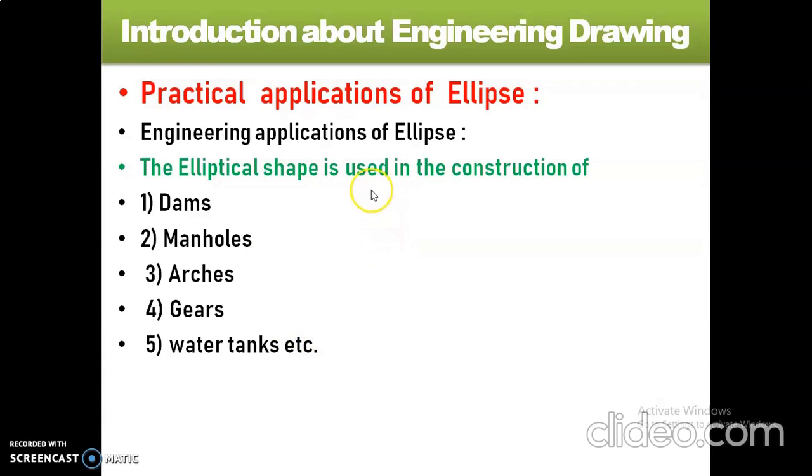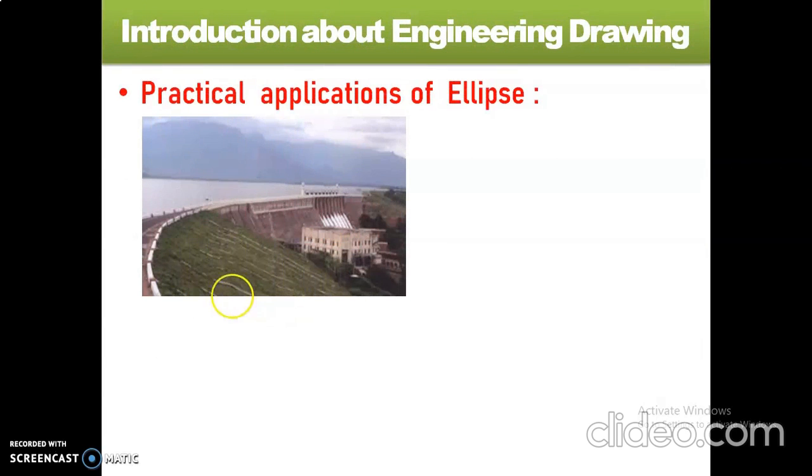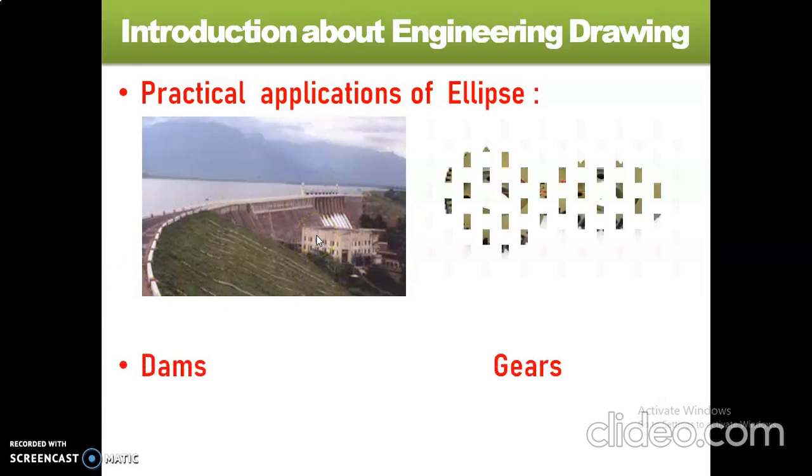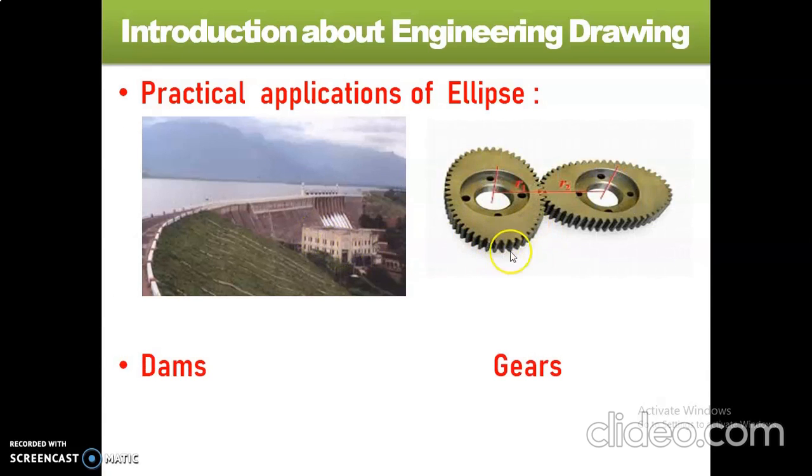See here, dams. This is a dam. In the construction of dams, generally we use an elliptical, semi-elliptical shape. Next, gears. In the manufacturing of elliptical gears, gear 1 and gear 2, this shape is used.